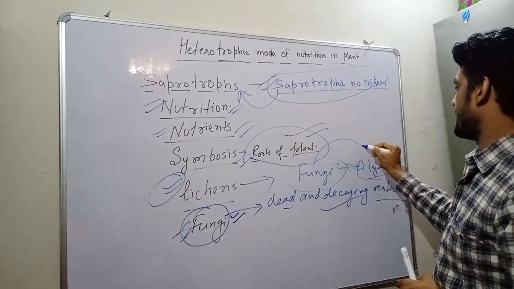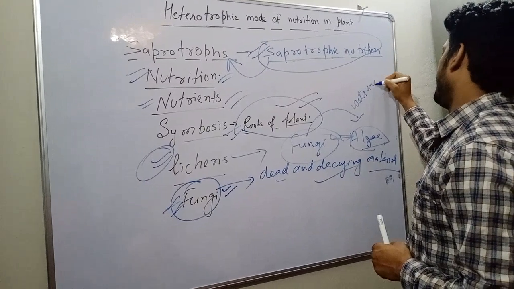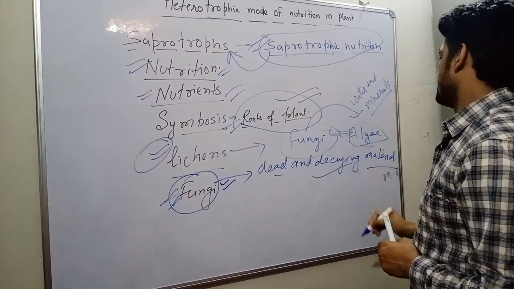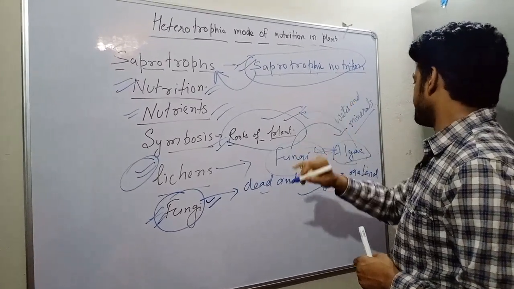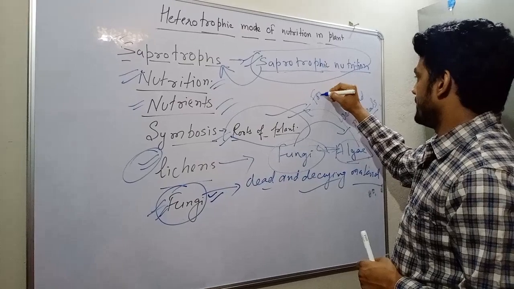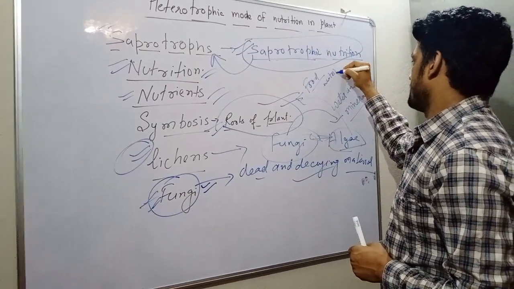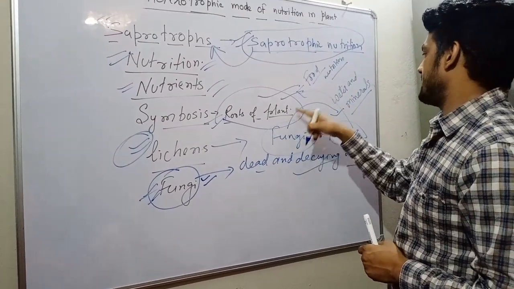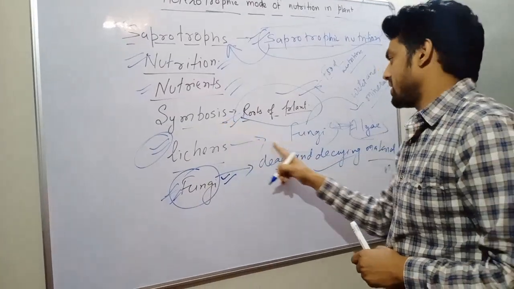The fungi provide water and minerals, and in place of that, the algae provide food and nutrition. In this way, both are sharing and living together. This process is known as symbiosis.